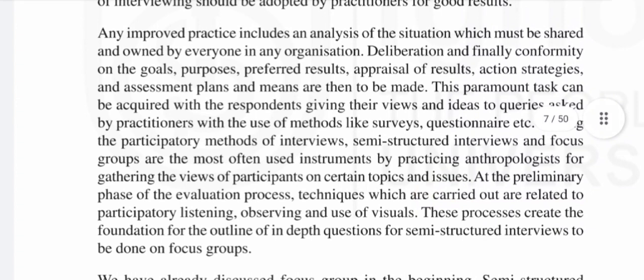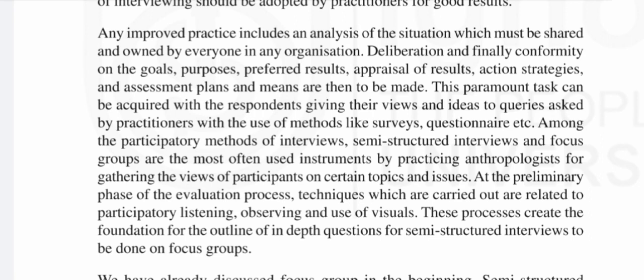Any improved practice includes an analysis of the situation which must be shared and owned by everyone in any organization, deliberation and finally conformity on the goals, purposes, preferred results, appraisals of results, action strategies and assessment plans, and means are then to be made.